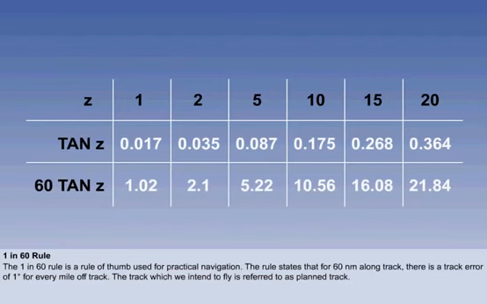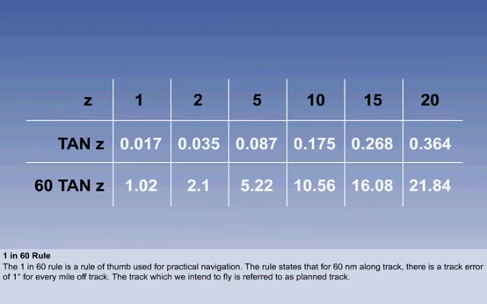For each angle, the tangent, when multiplied by 60, becomes very similar to the angle itself. For example, the tangent of 1 degree is 0.017, which becomes 1.02 when multiplied by 60. The angles up to around 20 degrees illustrate this, where the tangent for 20 degrees, when multiplied by 60, becomes 21.84.